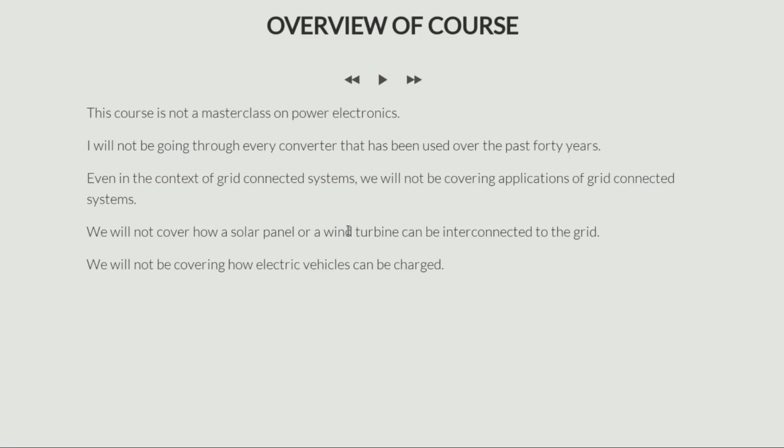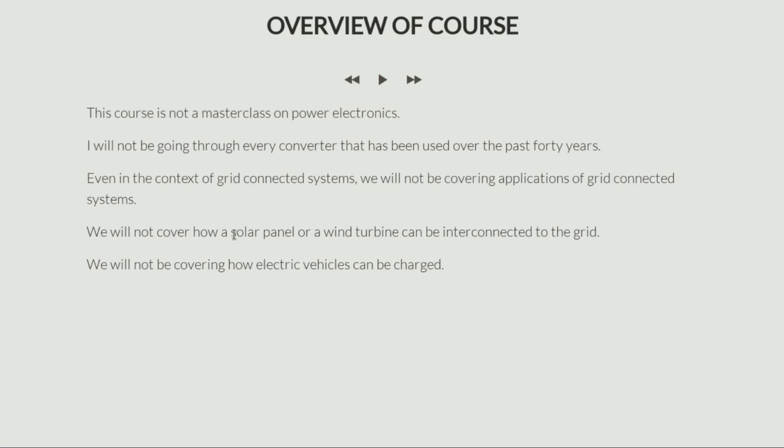What we are interested in is the interconnection only. That is it. The application is totally a different topic. We are talking only about the control, design and analysis of converters connected to the grid. That is it. So this is a very, very specific topic that I'm going to be talking about.